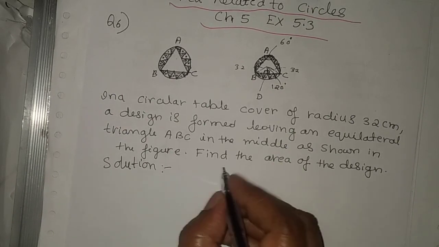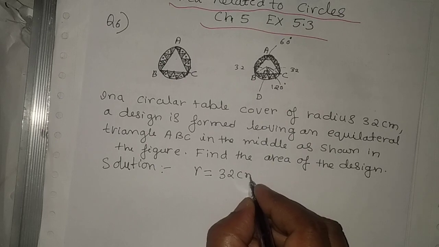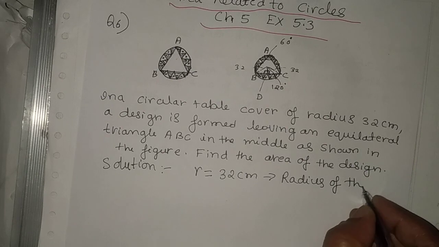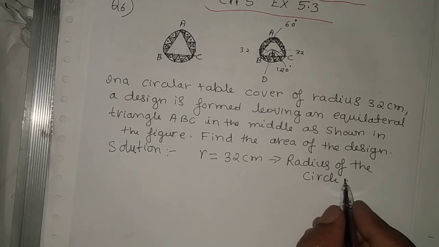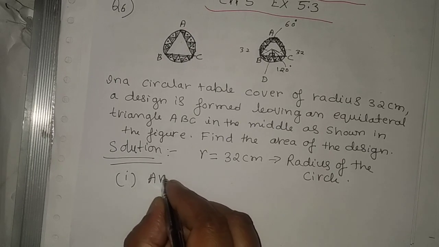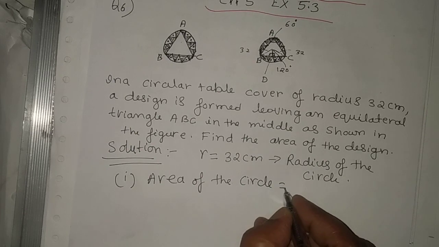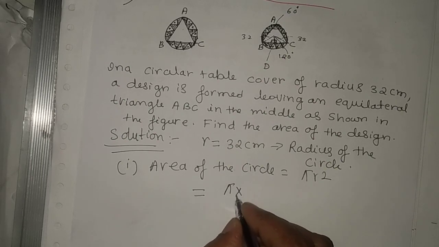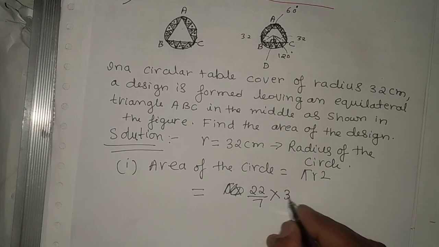The data given is R, the radius of the circle, equal to 32 centimeters. First part: area of the circle is equal to pi r square, is equal to 22 by 7 into r square, that is 32 square.